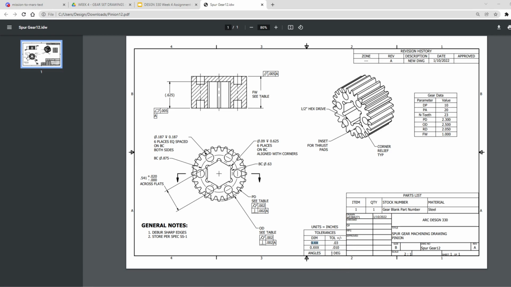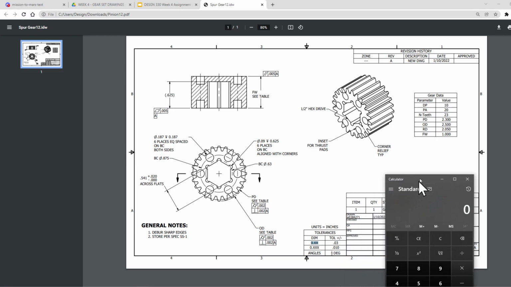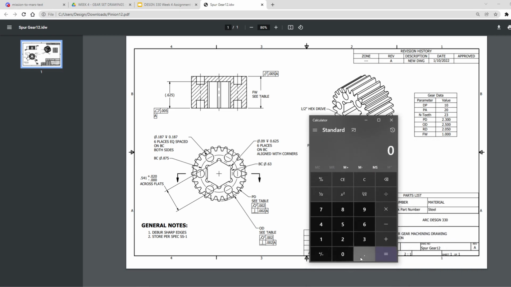So let me do that. I'm going to see what's acceptable. 0.63 plus 0.03, if it was up to as much as 0.66, I would say this part is good.